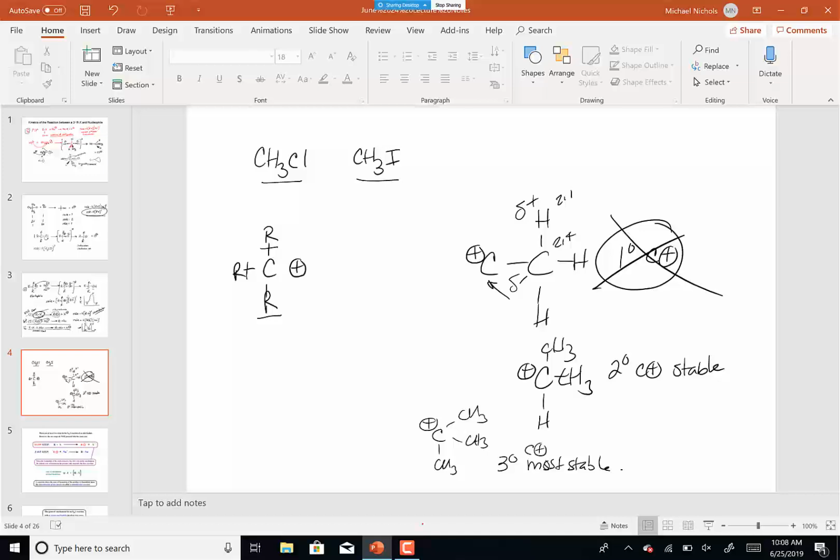And we're going to make a table out of this once we go through these reactions. But as far as carbocations go, primaries are so unstable they don't exist. Secondaries are stable, tertiaries more stable.